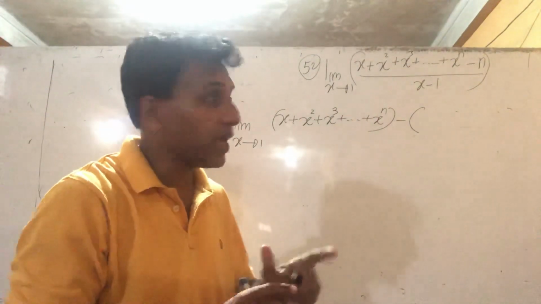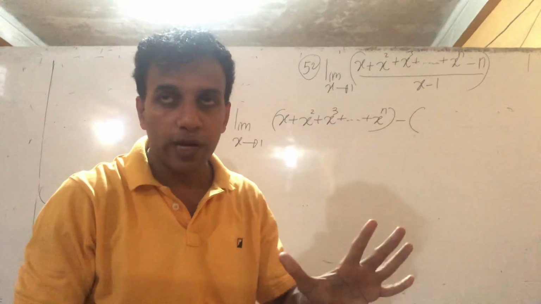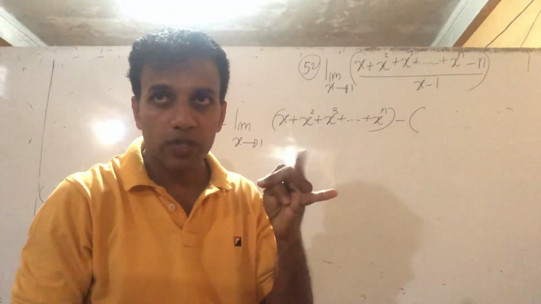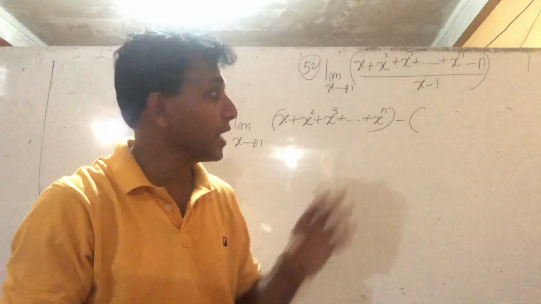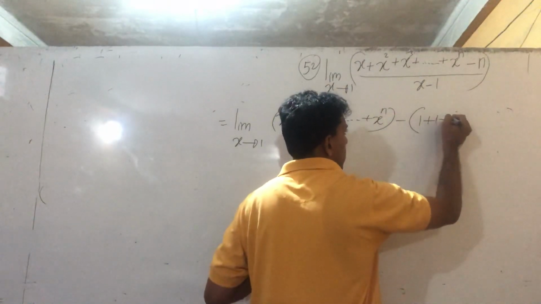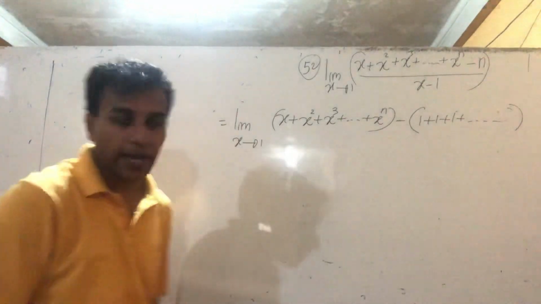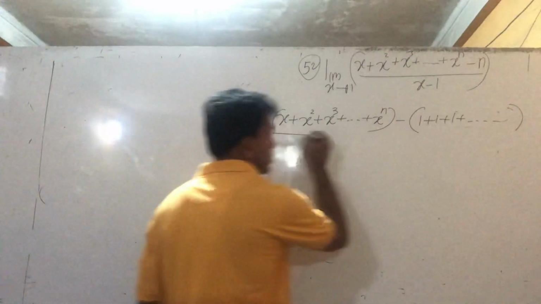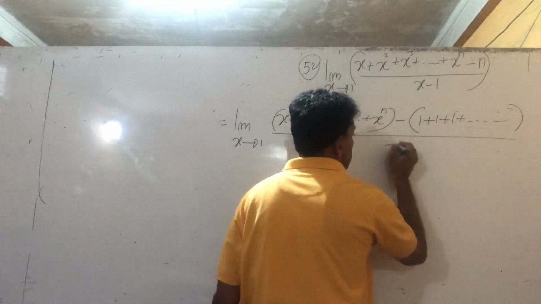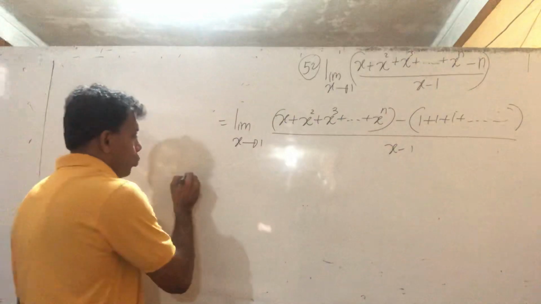The minus n, for example, think 5 is available. I can show the 5 how? 1 plus 1 plus 1 plus 1 plus 1, 5 times. Like that, n, can I write that? 1 plus 1 plus 1 like that n times, right? Over x minus 1, right?